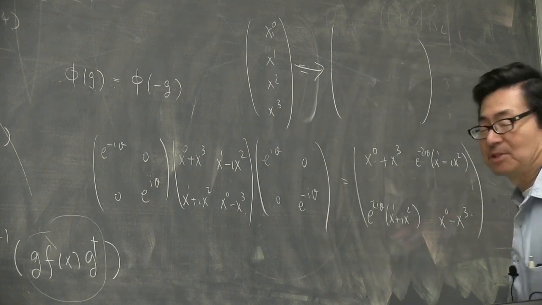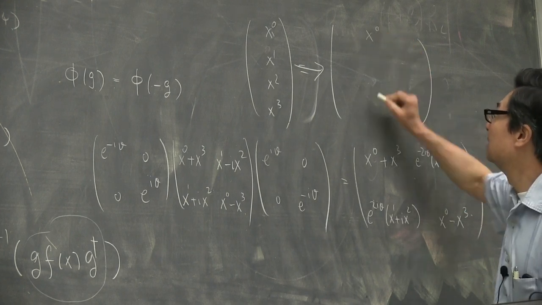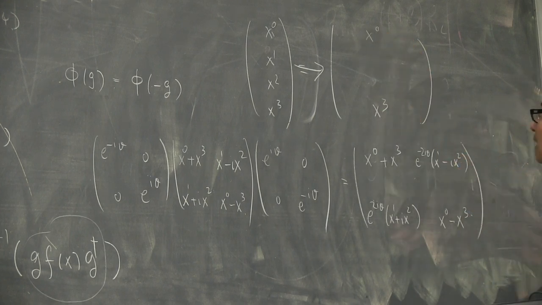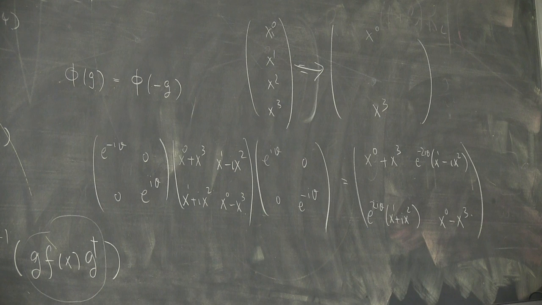I'm not going to write that down first, but let me just write down the fact that neither of these two gets changed. So obviously, the x1 and x2 must change. Now, how does it get changed?